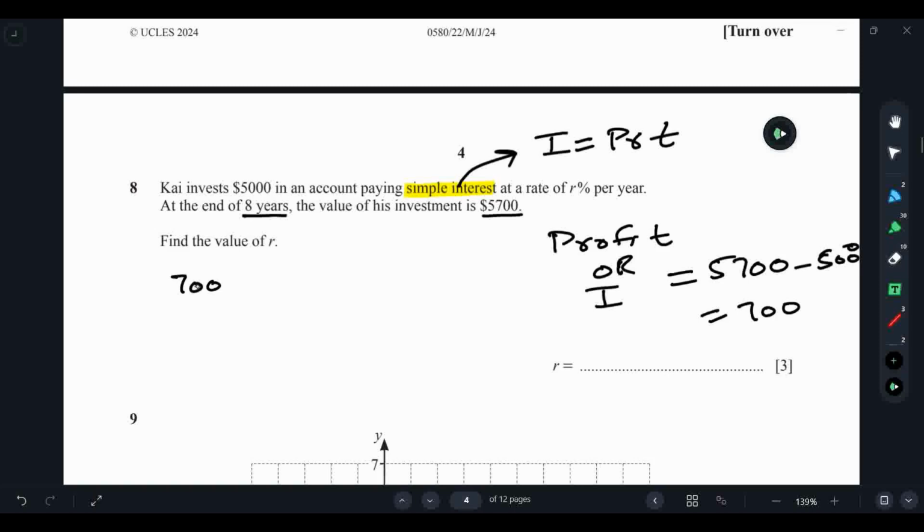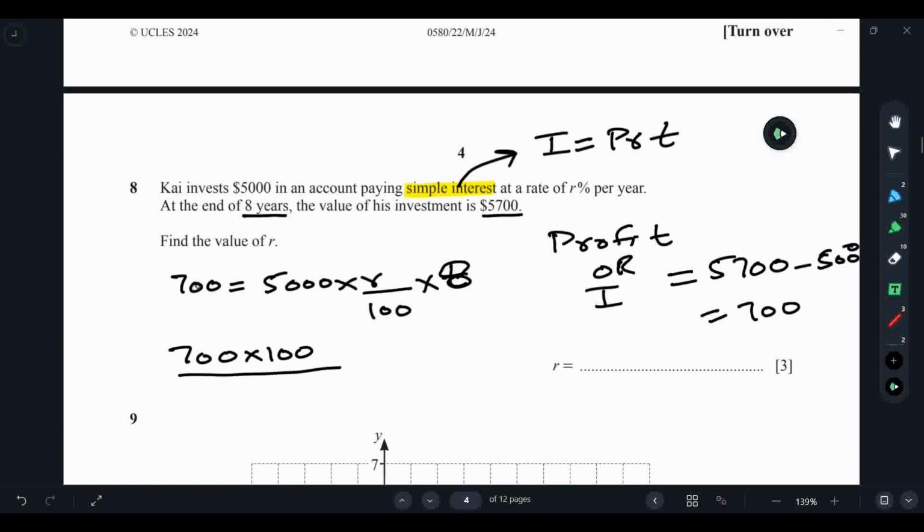So 700 equals the principal amount 5,000 multiplied by R divided by 100, because R is in percentage and we need to find R, not in percentage, multiplied by T. T is 8. Now if we rearrange it, this will be 700 multiplied by 100 whole divided by 5,000 multiplied by 8, which equals R.